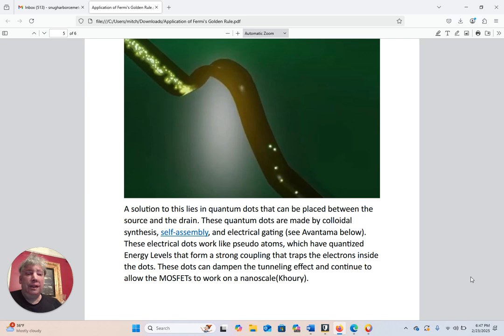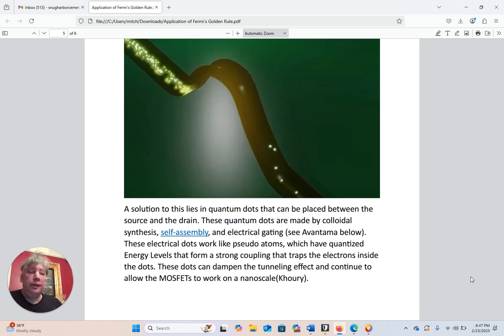The electrons form a strong coupling with these quantum dots, and move into them just like they would move into atoms. Then they get stuck in these energy levels, or energy wells, and they become traps for the electrons. So it doesn't cut out electron tunneling completely, but it sure dampens it.